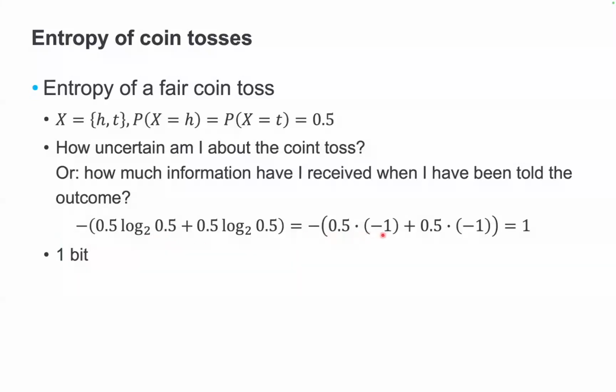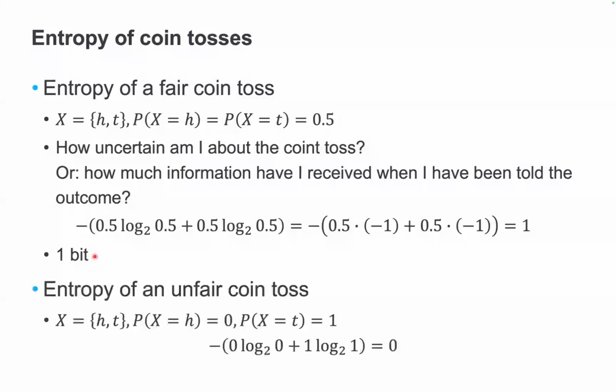So this is 0.5 times minus 1 plus 0.5 times minus 1, which is minus 1, and with the minus in front, exactly 1. And this is one bit of information. So when I choose between head and tail, or between 0 and 1 with a 50% chance, and I learn about this event, then I have received one bit of information, which is very intuitive, right? Exactly one bit of information that I learned.